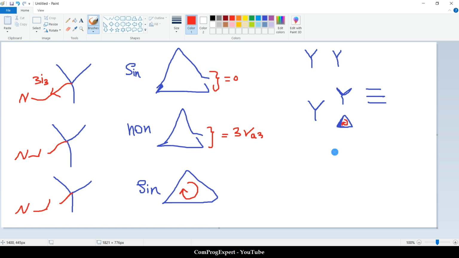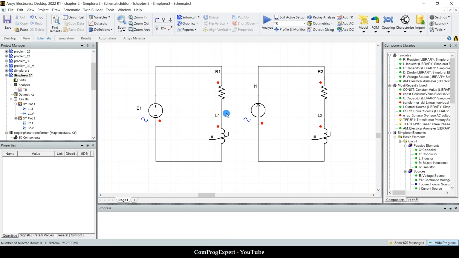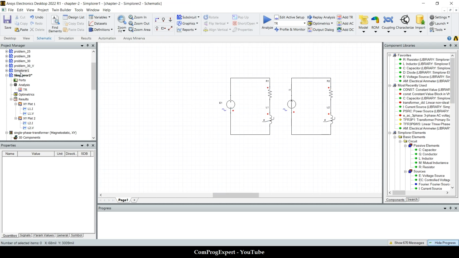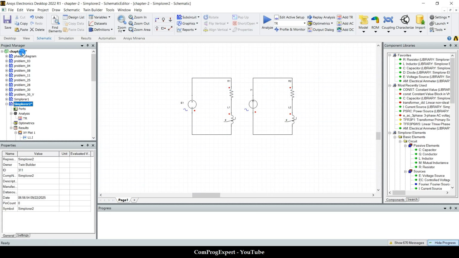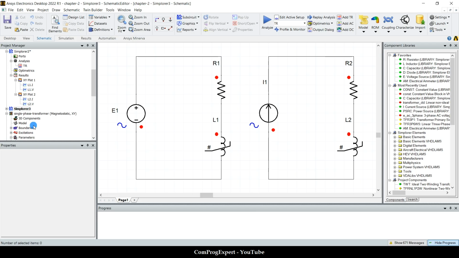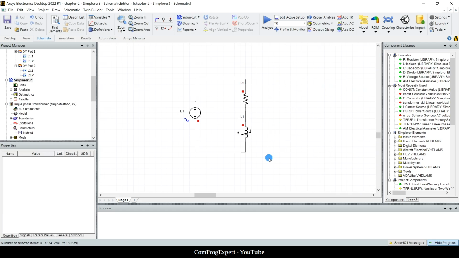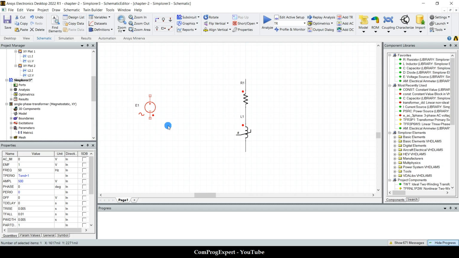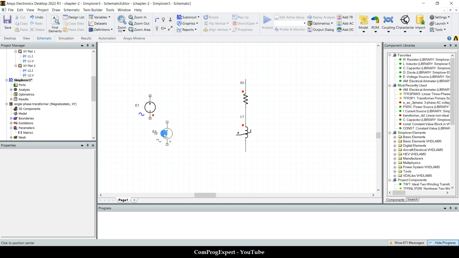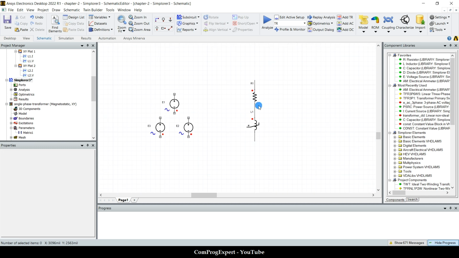Let's see this in the simulator. I want to copy this model, paste it here. So let's delete this one, and suppose we have a 3-phase source, star connected, this three-phase source, and here suppose we have these three inductors.